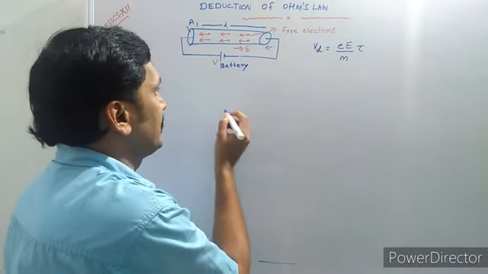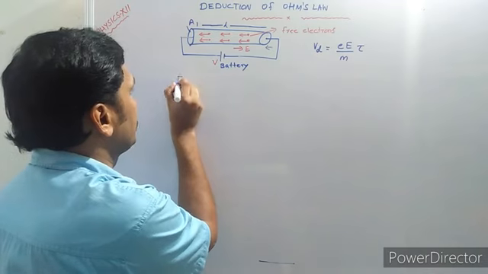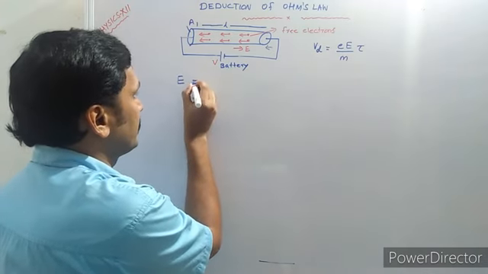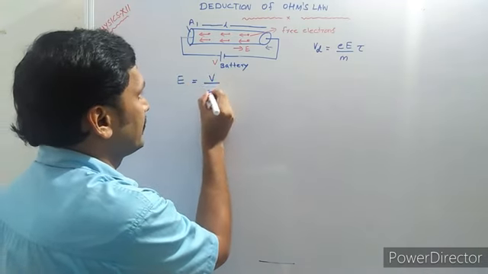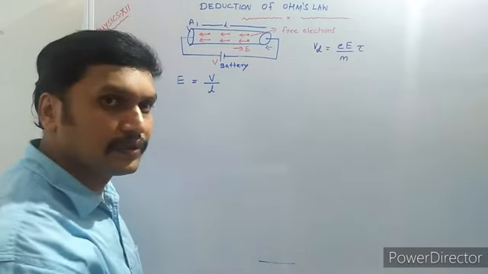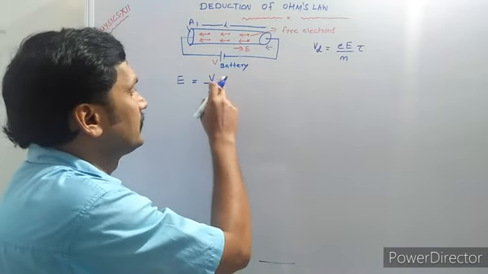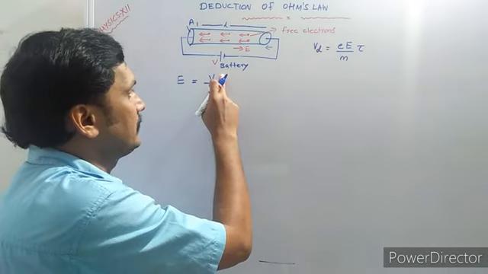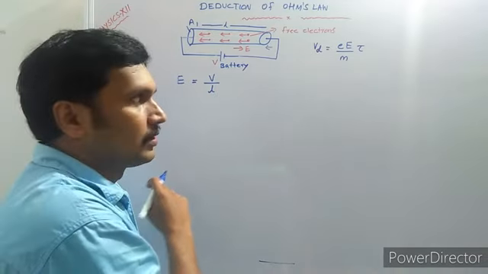In terms of potential difference, the electric field E is equal to V by L.